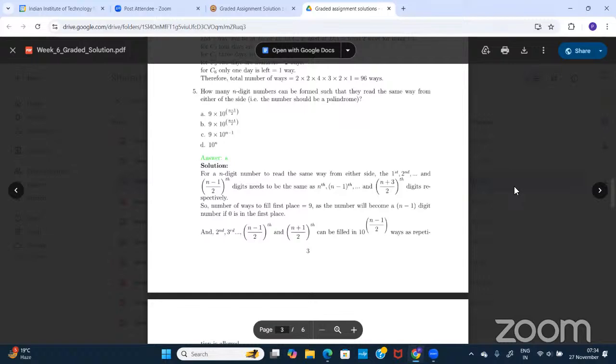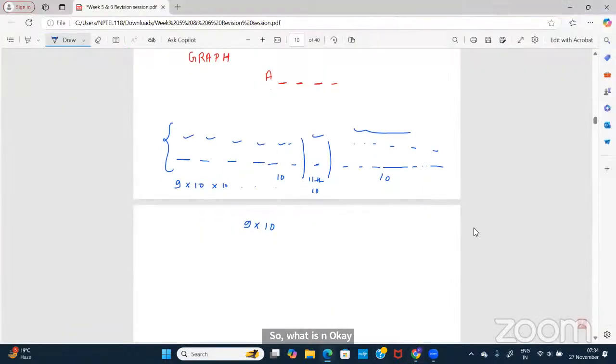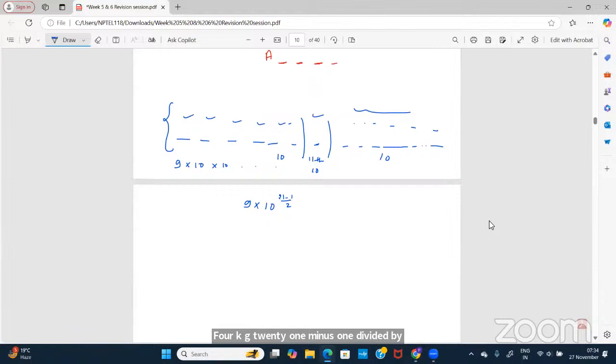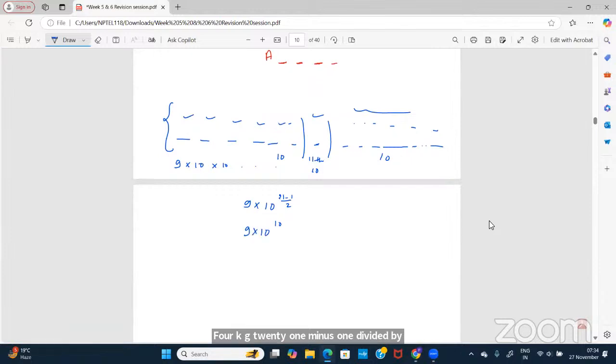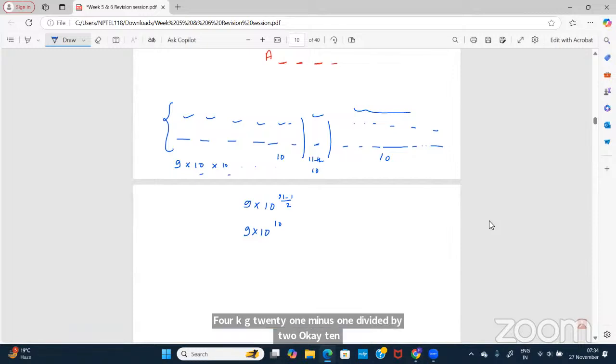So what is n? n is 21, so it will be 21 minus 1 divided by 2, which is 9 into 10 to the power 10, right? Because these are 10 places from the second place to the 11th place. Okay, the rest will be the same.